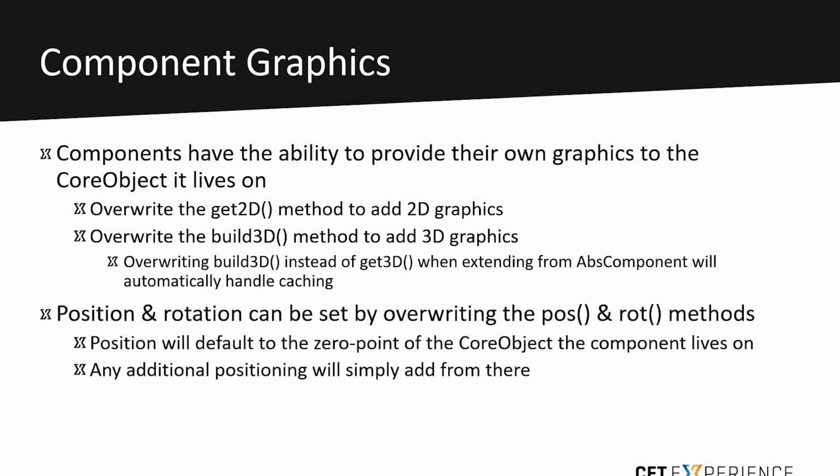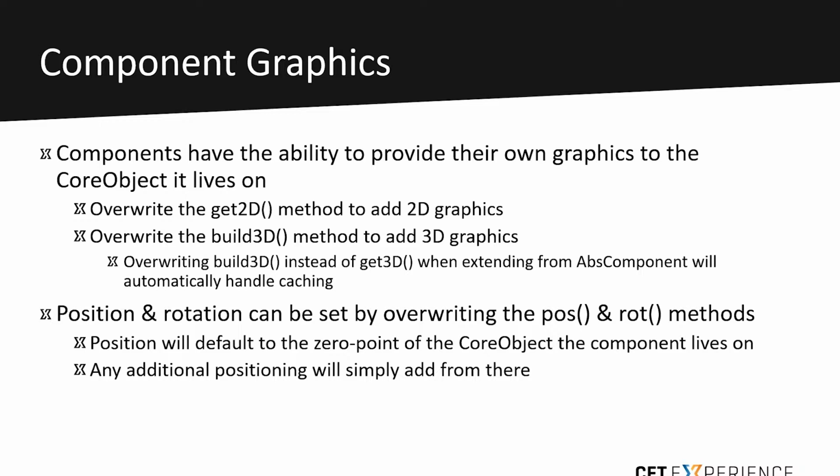So the position and rotation can be set by overriding the pos and the rot methods. The position of a component will default to the 0 point of the core object that it lives on. If you want to move it from there, you will simply have to overwrite either of these methods to move it at that point.